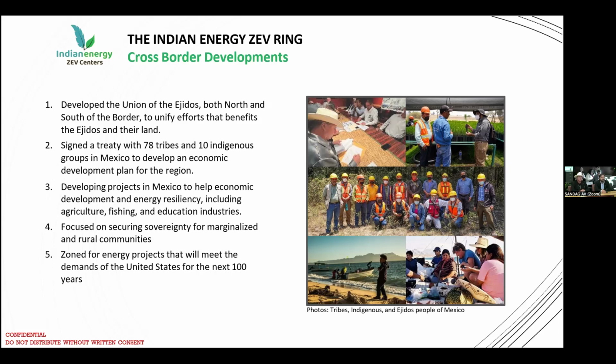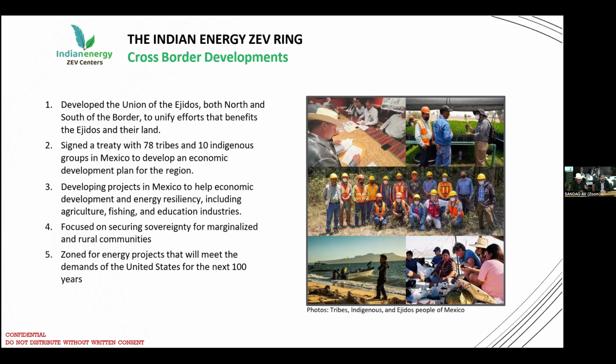Through our work, we have already signed treaties with the 78 tribes of Mexico and their ethnic groups in the development of different projects for different industries that enhance or give more value to their lands or their source of work, whether it's in the fishing industry, farming communities, or in this case, in most cases near the border, energy generation.